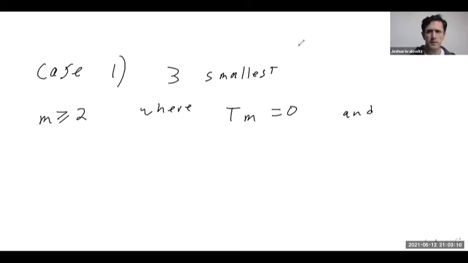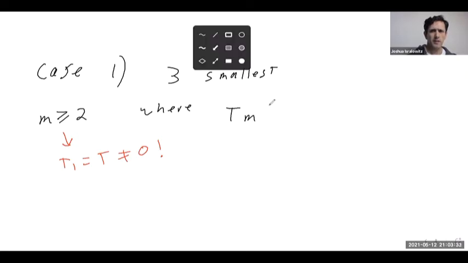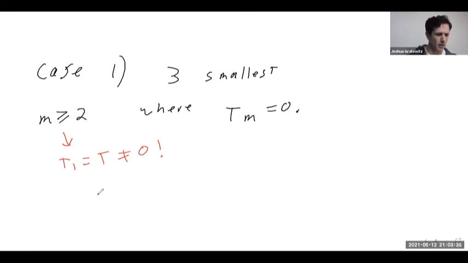And just again, to remind you of why this is true, T1 is T, which is not equal to 0, so m can't be 1. So Tm equals 0. If so, then what do we have?